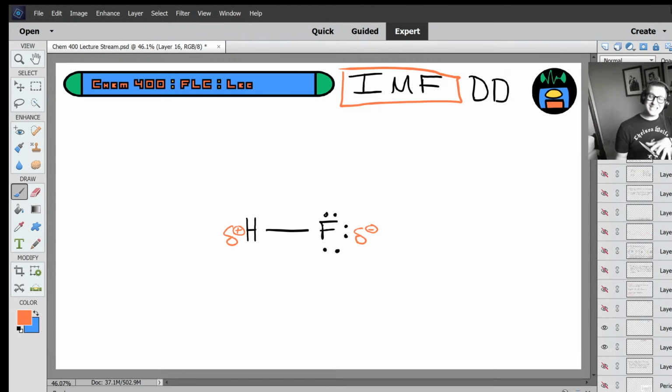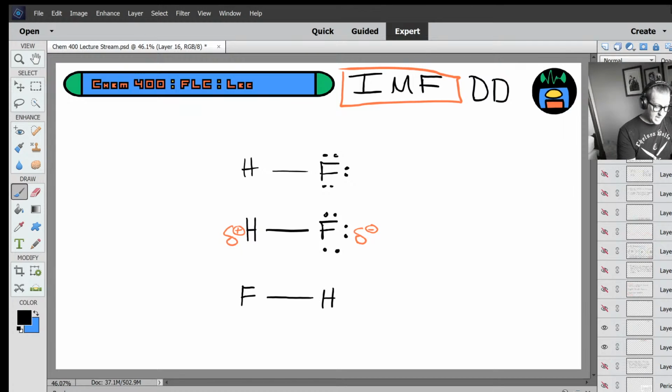Now, when a second molecule of HF approaches this molecule from the top or the bottom, there are two ways it could do it, right? It could stack like so, where the hydrogen lines up with the hydrogen and the fluorine lines up with the fluorine, or it could stack where the fluorine lines up with the hydrogen and the hydrogen lines up with the fluorine.